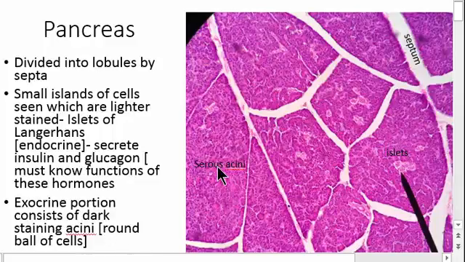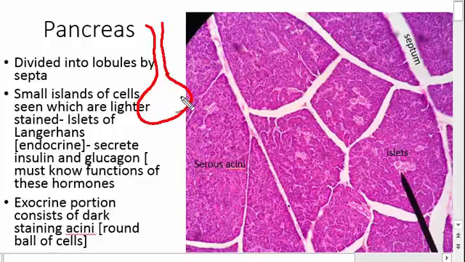What an acinus basically is, is an area which has a duct, and then this enlarges into a flask-shaped zone, which is lined by cells which are secretory. The duct just transports, and here are the nuclei of these cells, and here is the duct.